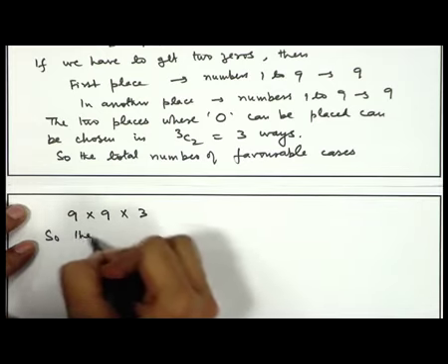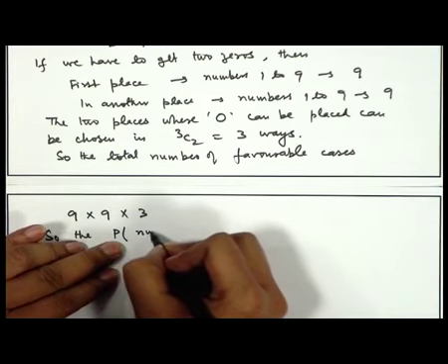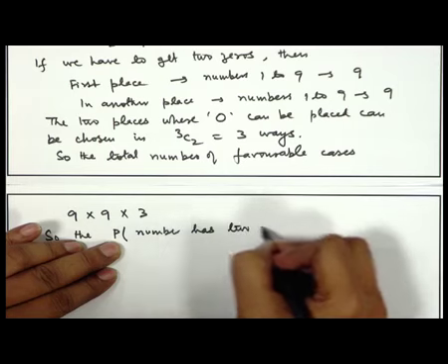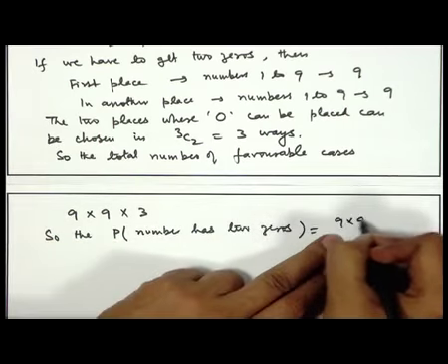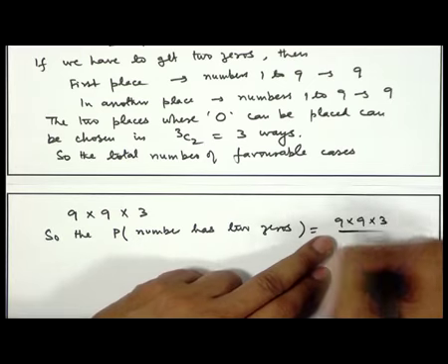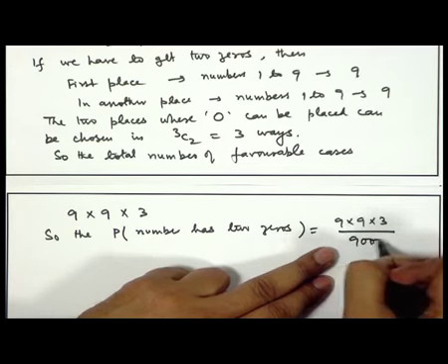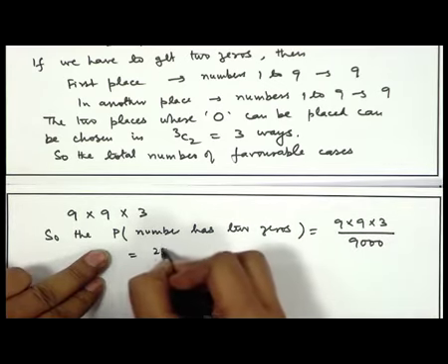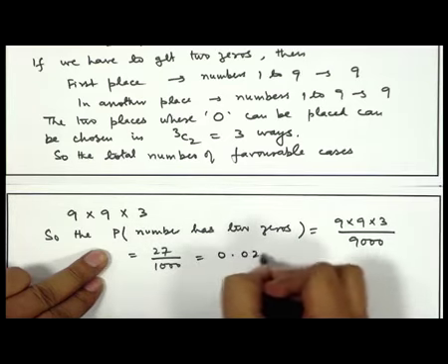So, the probability that the number has 2 zeros: the favorable number of cases is 9 into 9 into 3 and the total number of cases is 9000. So, after simplification it becomes simply 27 by 1000 or you can say 0.027.